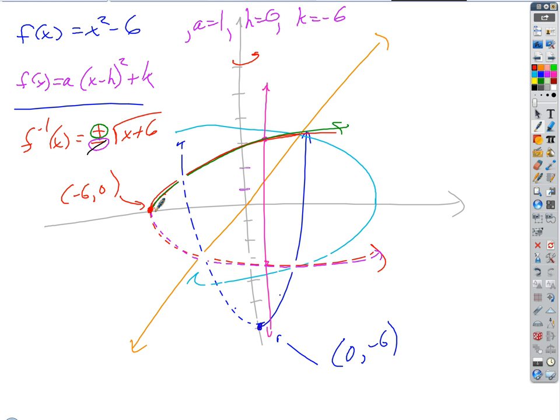So the domain of this function would be all values greater than or equal to -6, so -6 on up to infinity. Agreed? Okay, good.